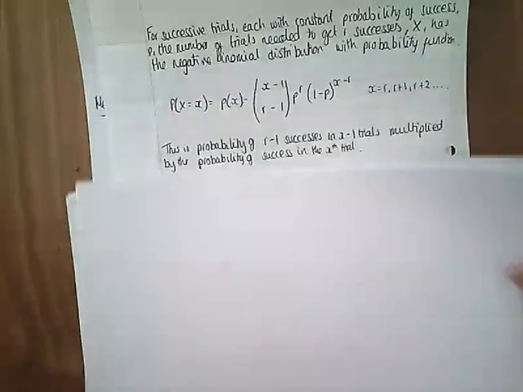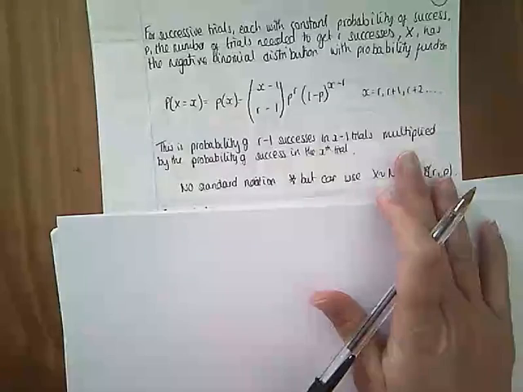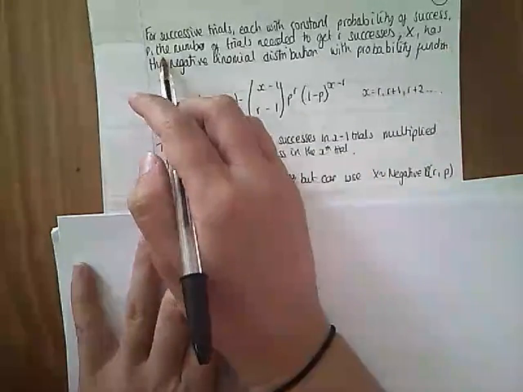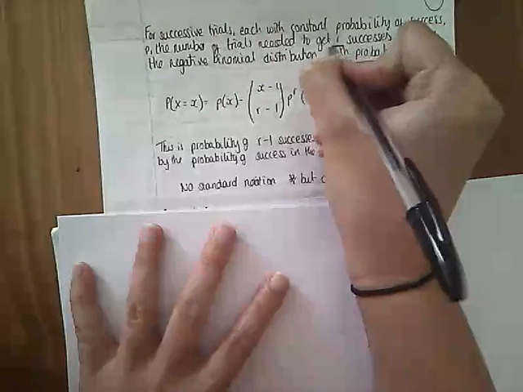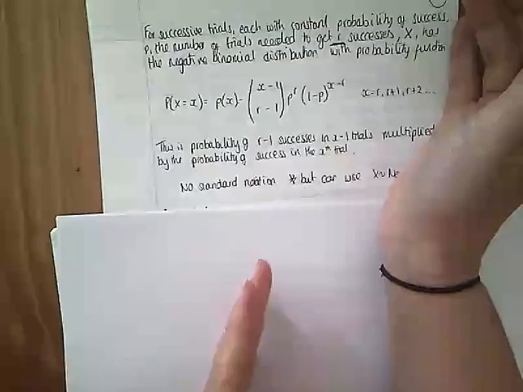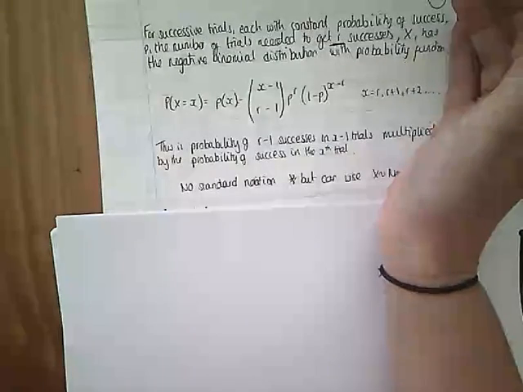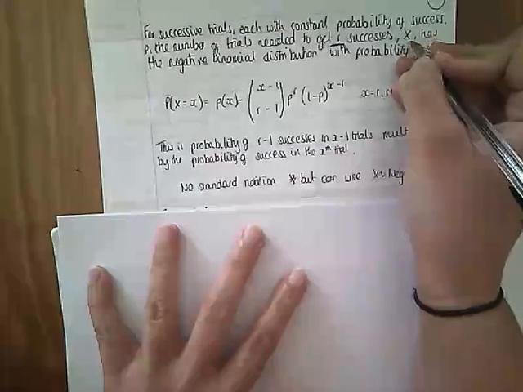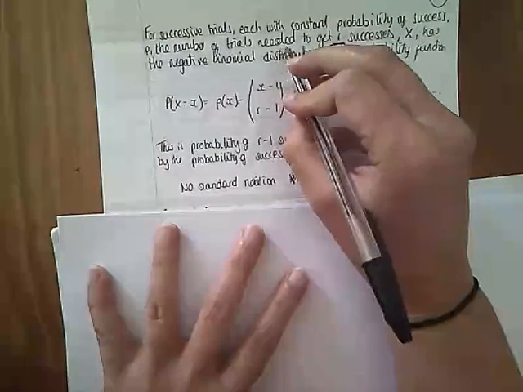Okay, so what this means is, I need to read it all ahead, that for successive trials with a constant probability of success P, the number of trials needed to get R successes, okay? So we need, I don't know, six fives in 10 rolls or something like that, okay? X is referring to the number of trials needed.